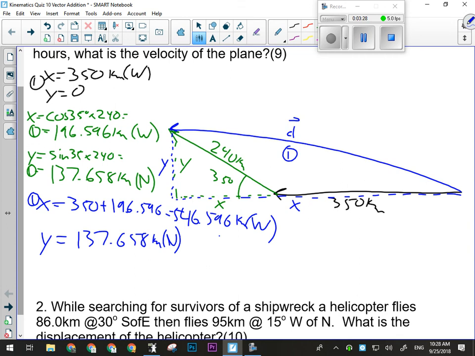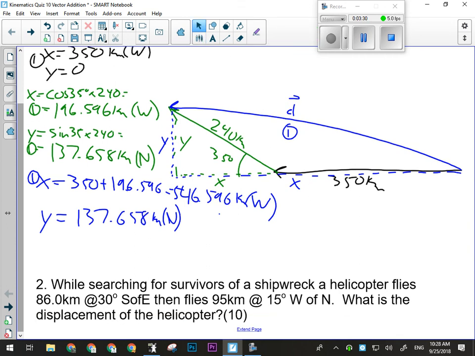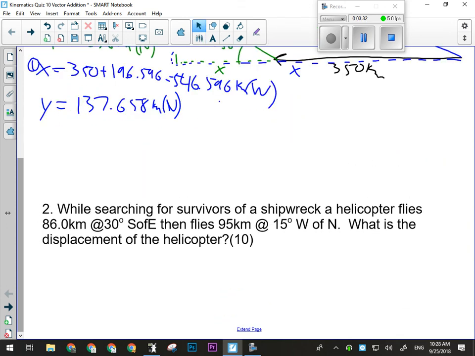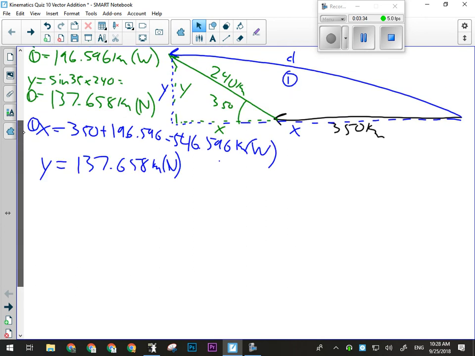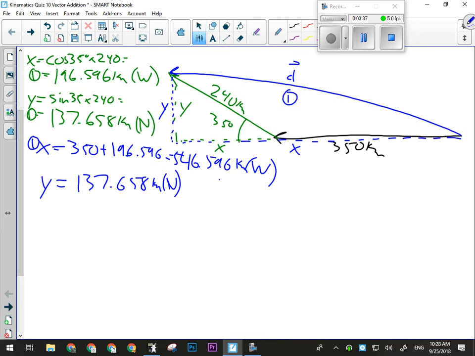Okay. So now that we have the two sides of the blue triangle, we can find what our overall displacement is, which is important because we're going to need that a little bit later on here. Okay, so the displacement's magnitude is Pythagorean theorem. Okay, so we'll have our 546 squared plus our 137 squared. Okay, obviously with all the decimals plugged in.